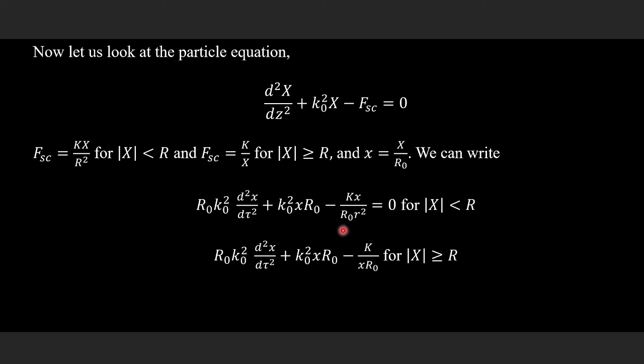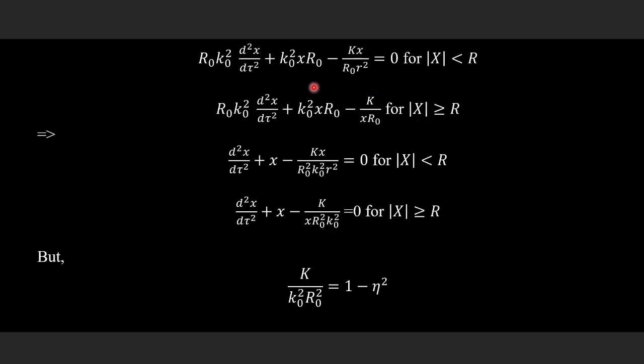Now for capital X greater than the core radius, the term changes. The change occurs only in the last term, and as you can see, we have similar terms: r naught k naught square d2x over d tau square plus k naught square x r naught minus k over x r naught, because now the force is 1 over x. Again, we just want d2x over d tau square, so we divide the whole equation by r naught k naught square, for both cases when x is less than r and when x is greater than or equal to r.